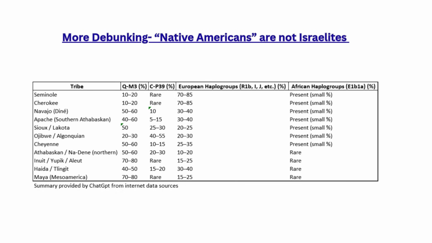Whereas for some of them, you even have cases where the European haplogroups dominate. And that's because, some of you may already know this, before the transatlantic slave trade, the Europeans almost wiped out the population of the quote-unquote Native Americans.